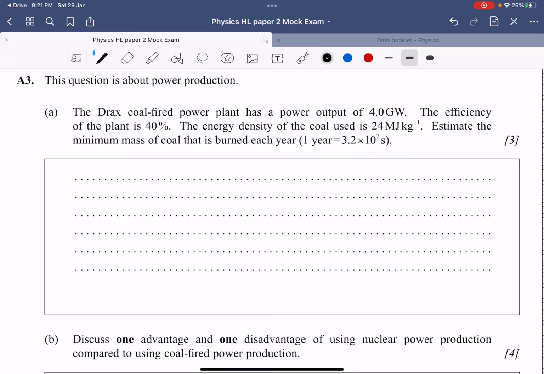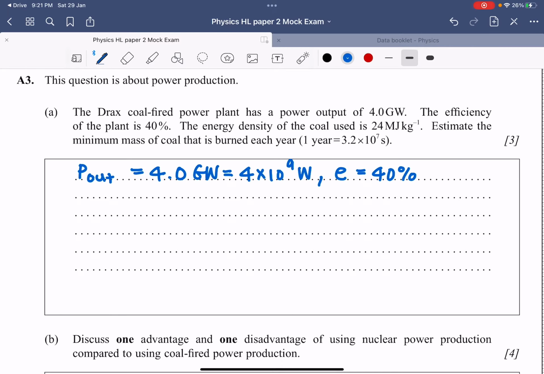First step will be writing down all of the information they have given us into SI units. They have given us power out, which is 4.0 gigawatts. What is this equal to in SI units? It's 4 times 10 to the 9 watts. They have given us efficiency, which is 40%.